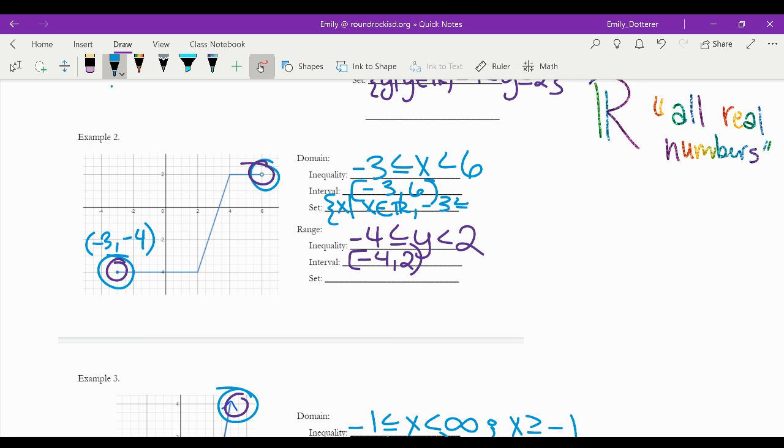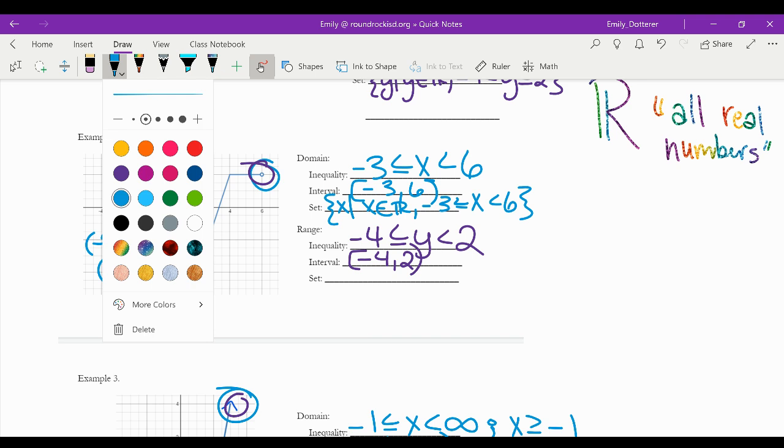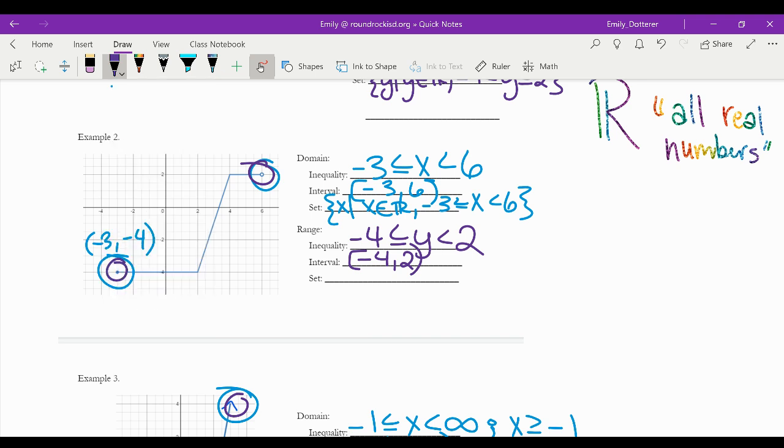More specifically, -3 is less than or equal to x is less than 6. It's always going to be that inequality notation for that second part. And that's the only thing that's going to change.